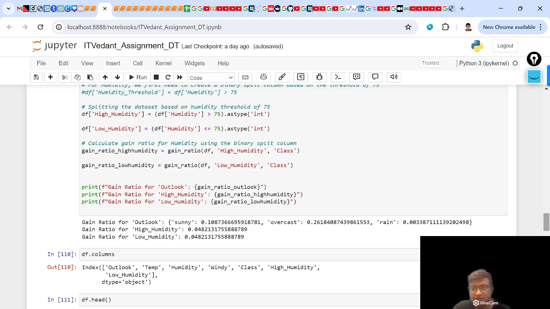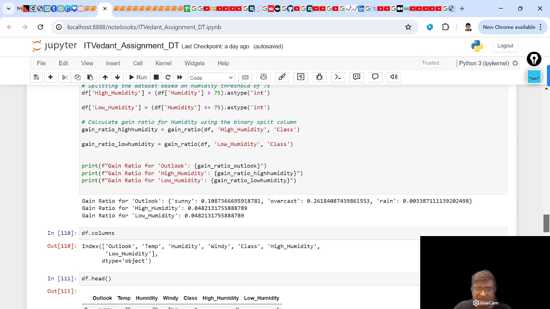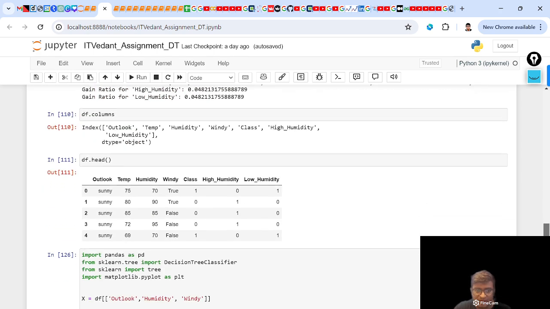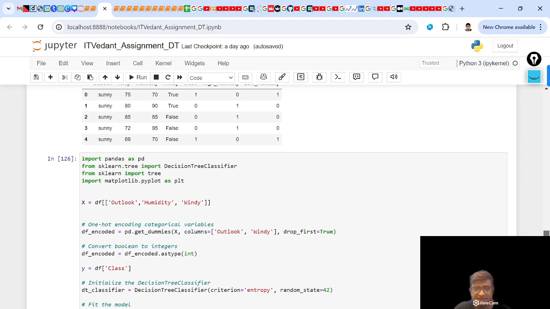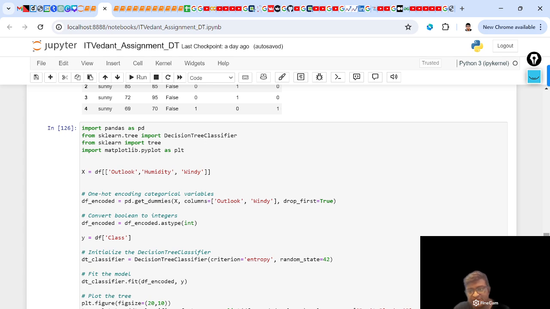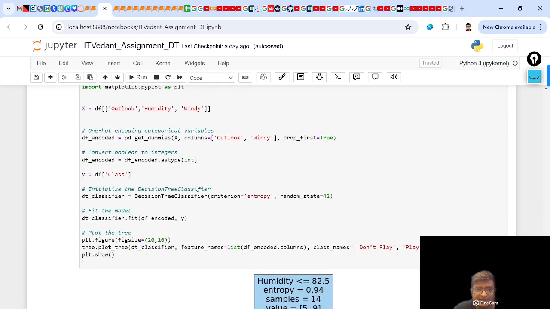Okay, let us proceed and quickly see a visualization of the decision tree using the decision tree classifier and the plot_tree functionality, which is there under the sklearn library, in tree.